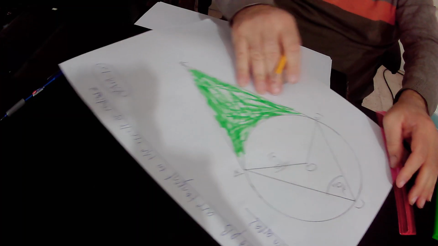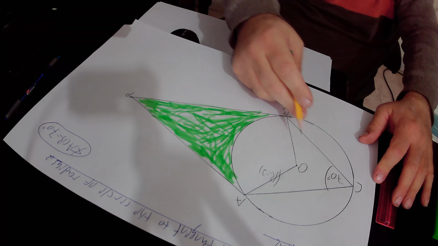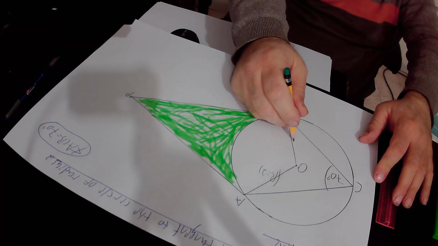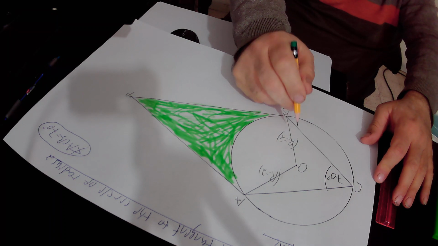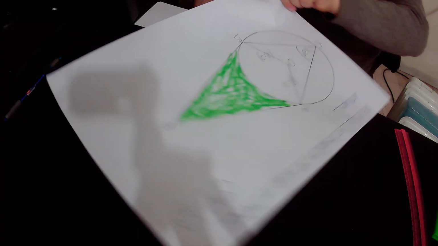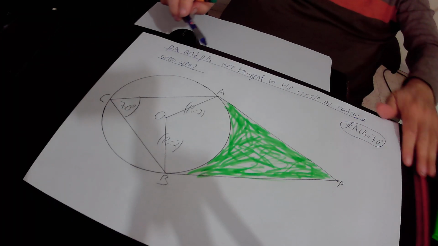So point O is the center of the circle, point B is a point on the circle itself, therefore OB is the radius of this circle, R, that is equal to 2 units according to what is given in the question. So we can implement here rule 1. I'll repeat quickly rule 1.